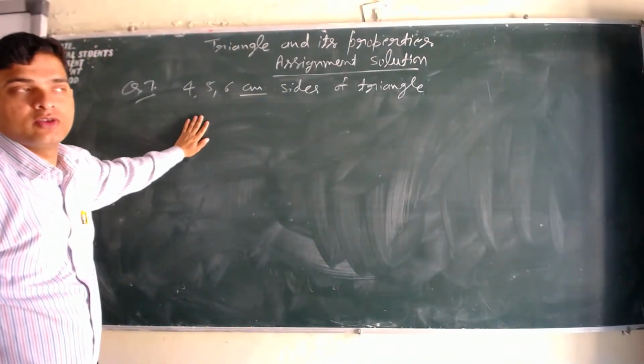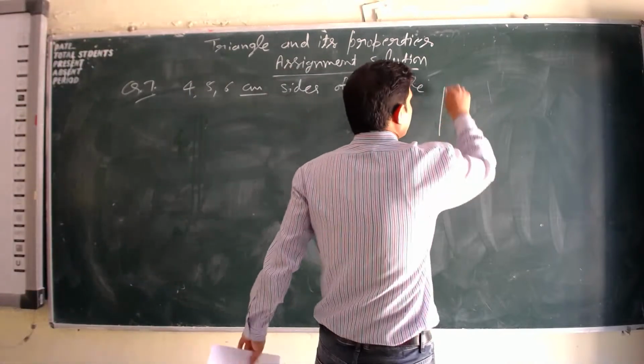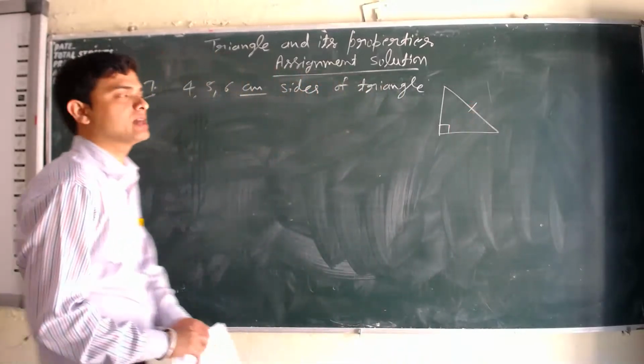For a right angle triangle we have 3 sides and one is the longest side of this triangle. You know that is the hypotenuse.